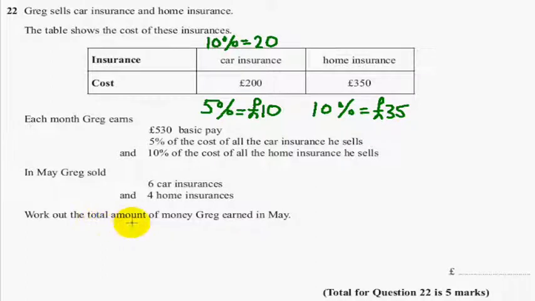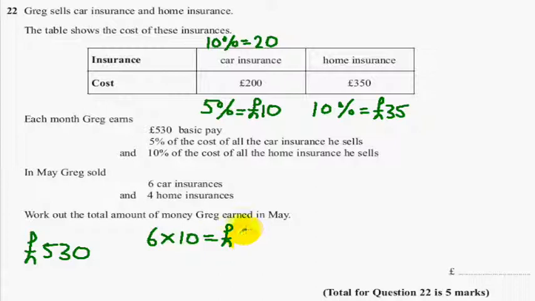So work out the total amount of money Greg earned in May. He has £530 basic pay. He sold 6 car insurances, and each time he gets £10. So that's 6 times 10, which is £60.